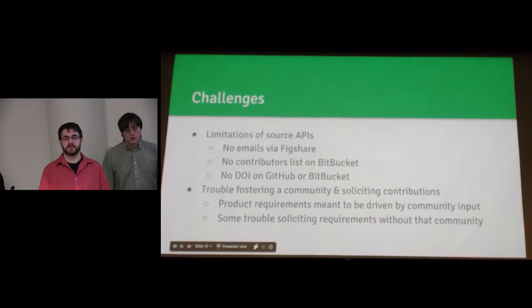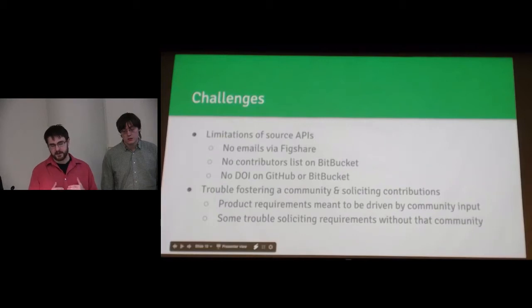We engaged with a few different people, but we were never really able to get a consistent group of people who were actively contributing ideas or code contributions to the product. And we believe that was due in part to our inexperience with managing an open source project. We tried a few different methods of reaching out through email and social media and whatnot. But in the end, we weren't able to foster a community before the end of the project.